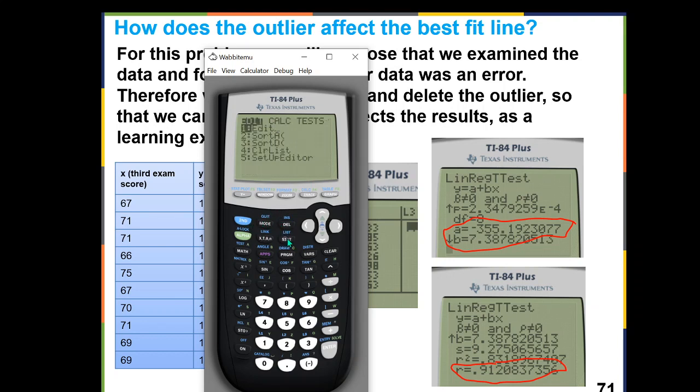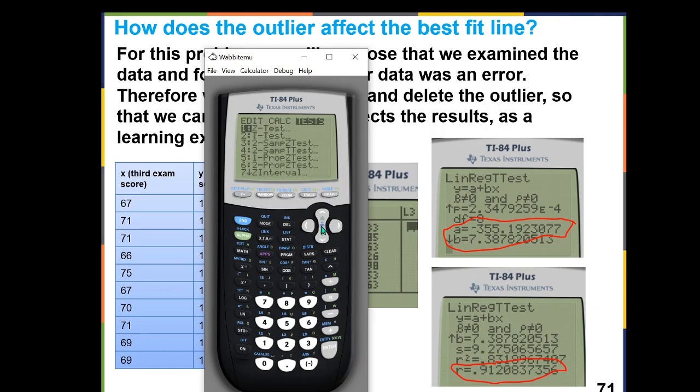We have to get rid of this, because the calculator might give you an error because there's something in there already filled. So do the regression, delete that, and then do the test again.